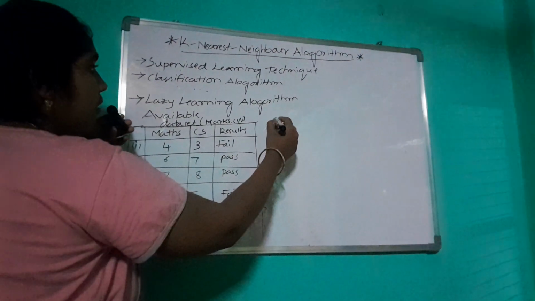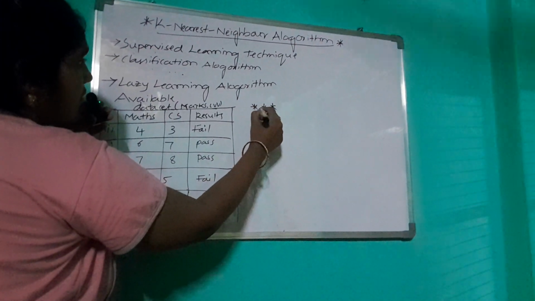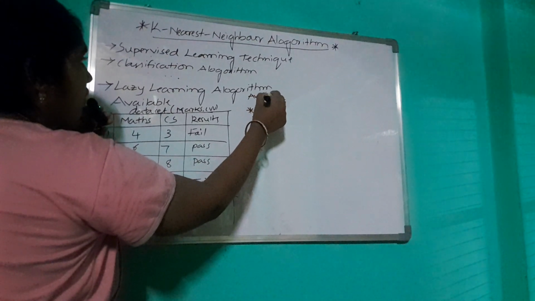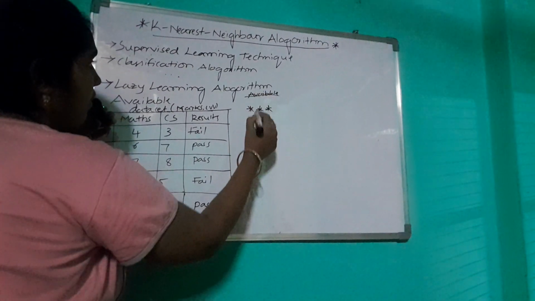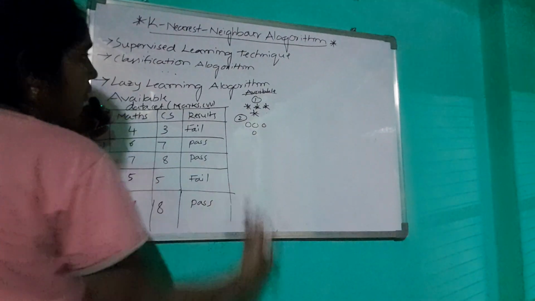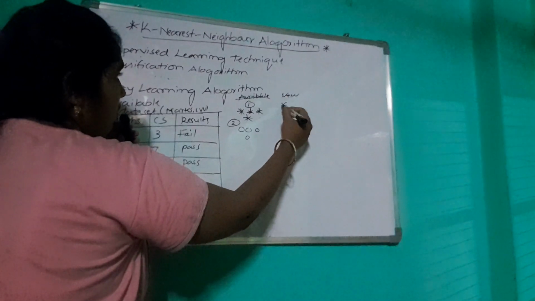For example, there is available data like this. Dataset 1, dataset 2, and new data is like this.